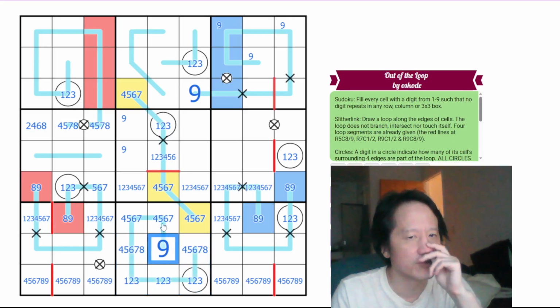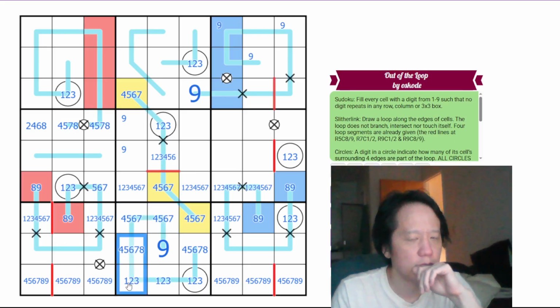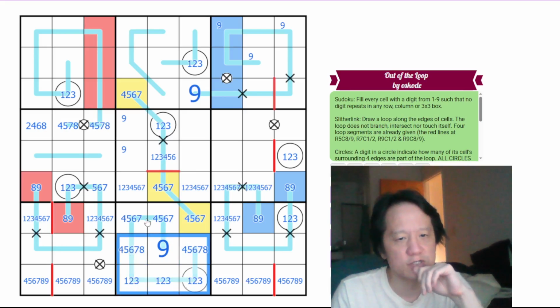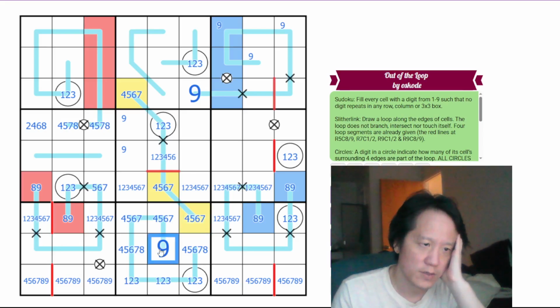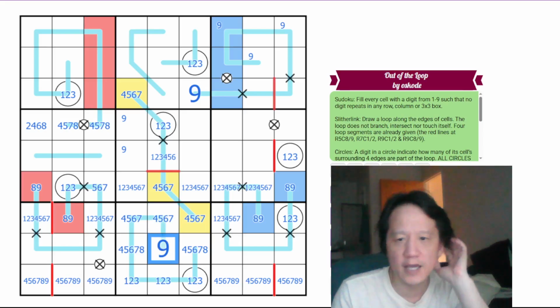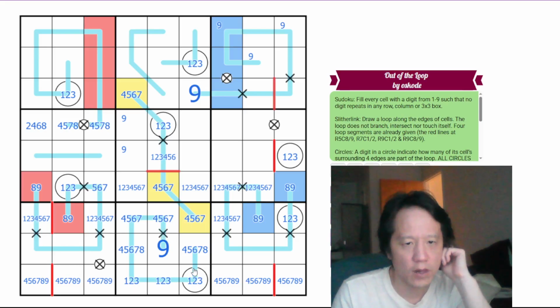So 9 plus 4, 5, plus 9. Right, because this would have to add up to 9 either here or here. So this would be 36, but then this would be 9, and that's not allowed. So it cannot, so this cannot have a slither link here.